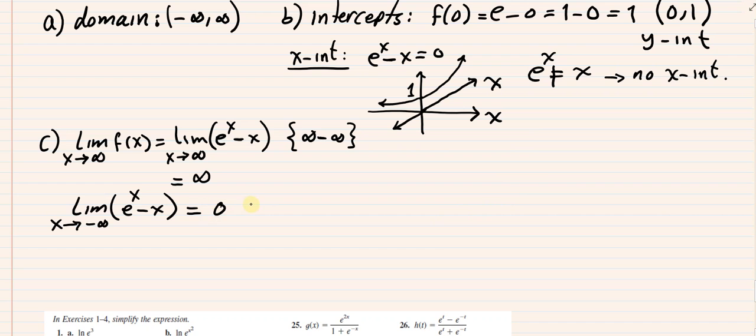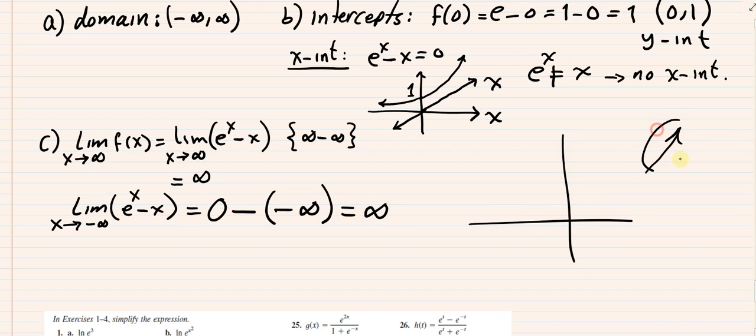And the linear function dominates, so minus x goes to negative of negative infinity, which is infinity. So the answer is infinity.